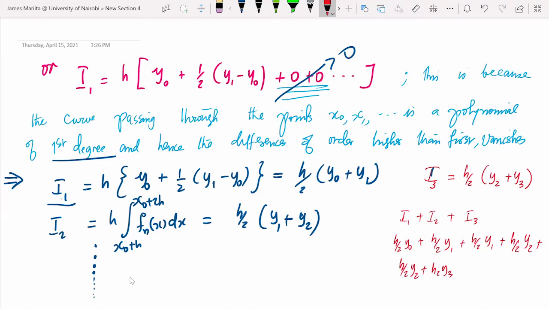So, sorry, this is H over 2. If we go up to 3, for Y naught we only have H over 2. But for Y1, H over 2 and H over 2 gives H Y1, correct? And for Y2, this and that, again we have H Y2. But for the last one, again, it will have H over 2, unless we go to I4, which will be plus H over 2 Y3 plus H over 2 Y4 and so on.